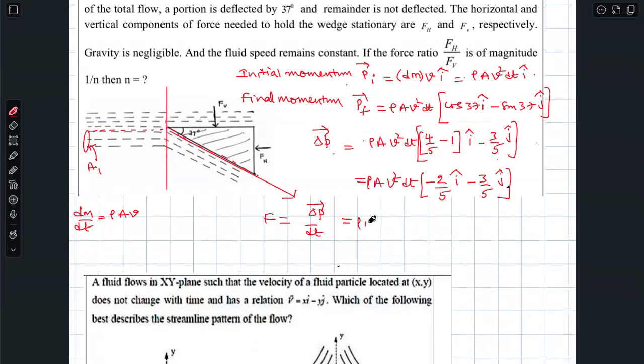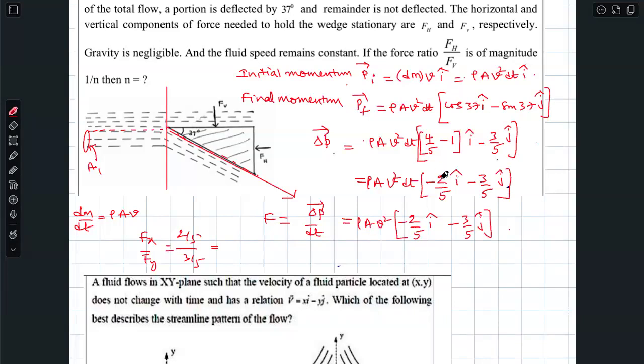And that is rho A V square times minus 1 by 5 i cap minus 3 by 5 j cap. Now you got the point. Fx by Fy is simply 1 by 5 by 3 by 5. Just please confirm.